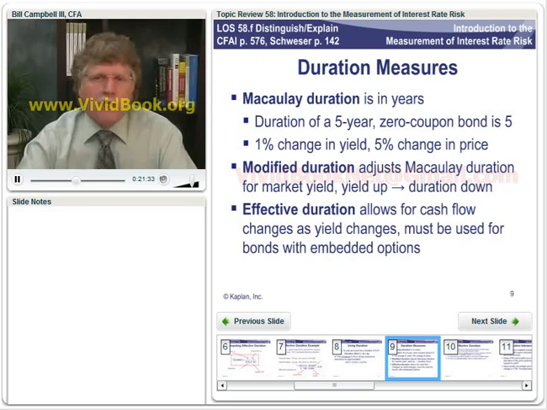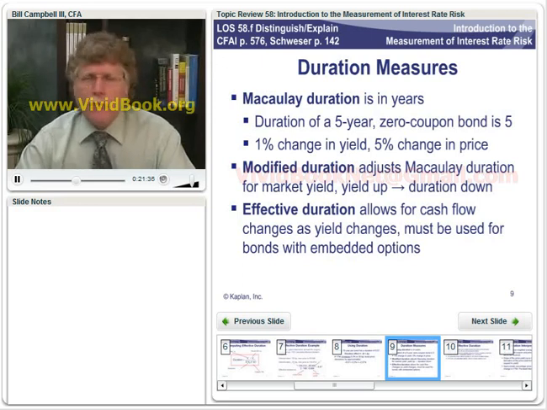Now, modified duration. After Macaulay came up with his idea of doing this weighted average time until he gets his money, some of the finance types looked at it and said, if you take that calculation Macaulay just did and divide it by 1 plus the yield to maturity, what you come up with mathematically is an expression for the percent price change in the bond for a 1% change in yield.